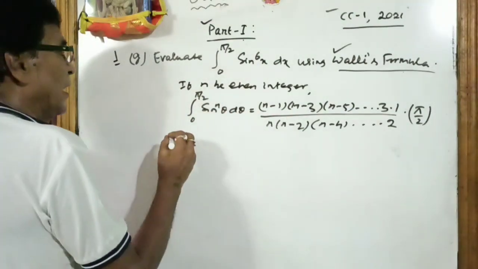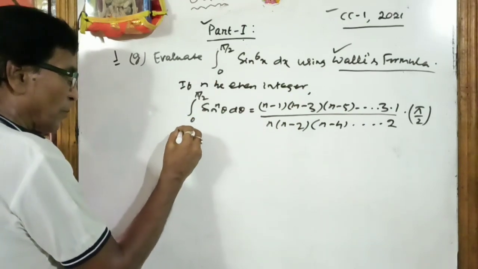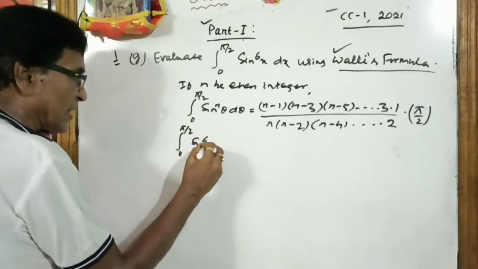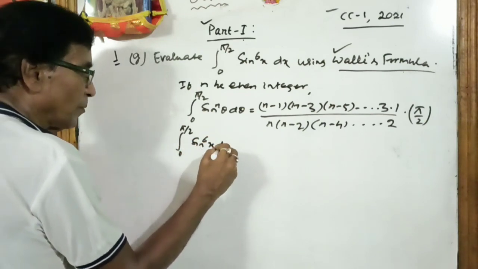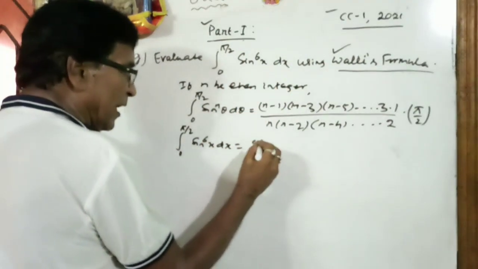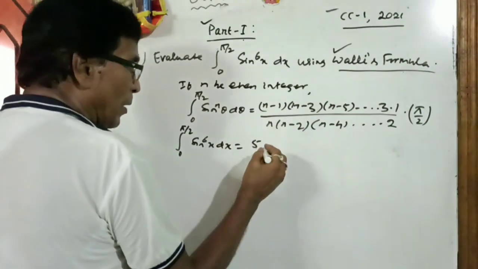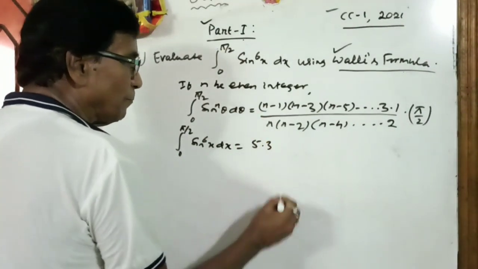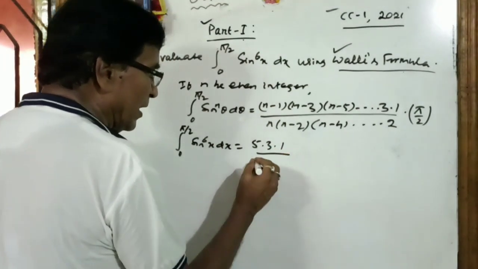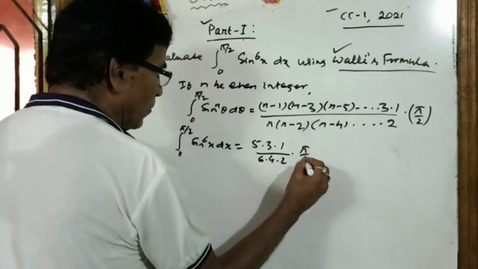Here we have to find the integration from 0 to pi by 2 of sine to the power 6x dx. So according to Wallis formula, n is equal to 6, n minus 1 is 5, next 5 into 3 into 1 divided by 6 into 4 into 2, into pi by 2.